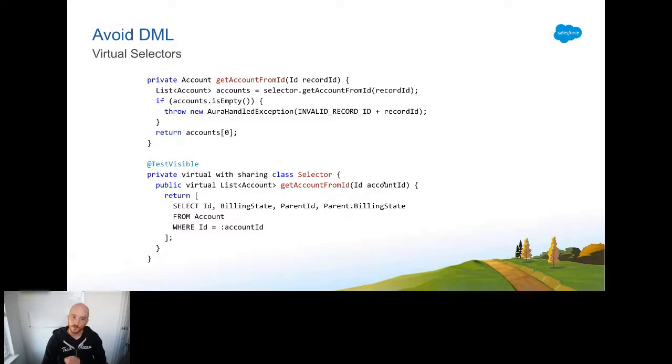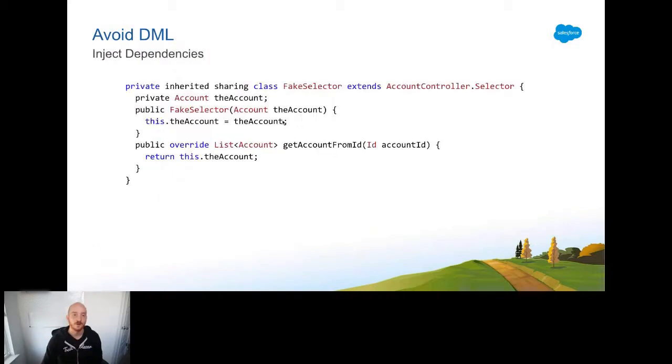Now, when it comes time to execute a test, and we don't want to insert a record to make sure that we have an account to calculate the category for, we can use this fake selector. This is an inner class to your test class called fake selector that extends the account controller selector. When we extend the account controller selector, we can override that virtual method called get account from ID.